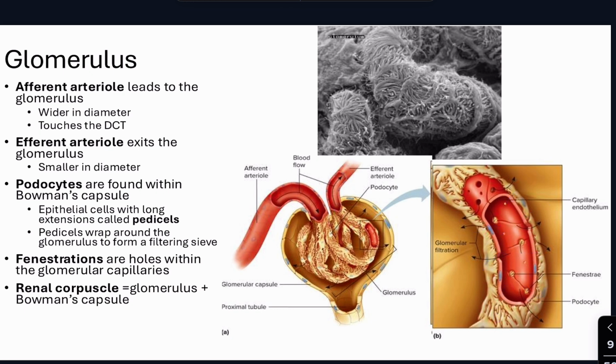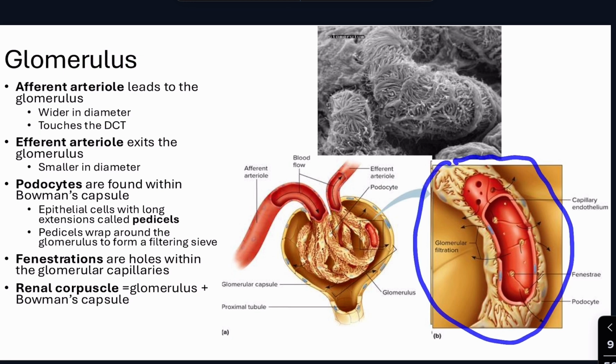That's how we get that movement of plasma and different types of very small substrates like gases and electrolytes and amino acids, for example, into our urinary filtrate, right? So just a little side note. Anyway, let's zoom in a little bit over here on this image on the right.